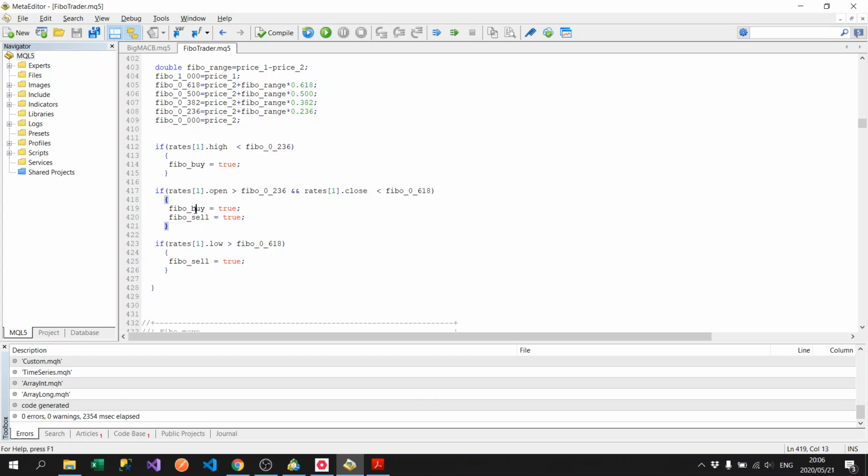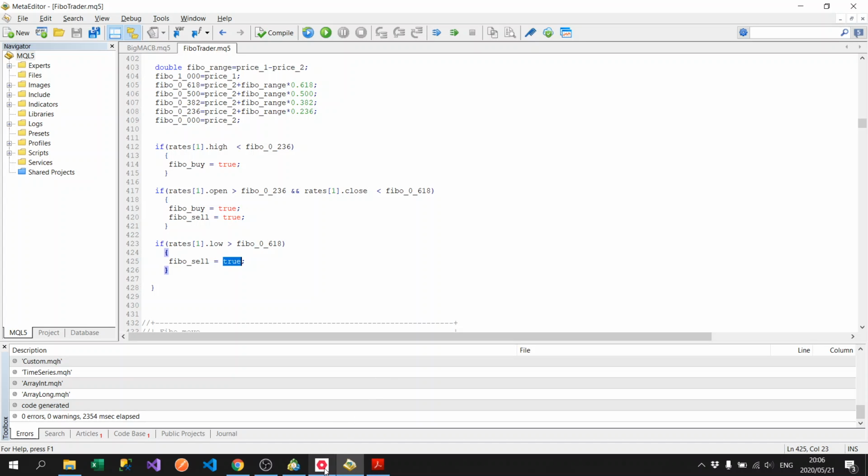Then we look for a buy and a sell, so the Fib buy and sell will both be set to true. What determines whether it takes a buy or a sell will be the MACD trend, which I'll explain to you later when we see the actual chart. And if it's above the 61.8, we look for a sell.